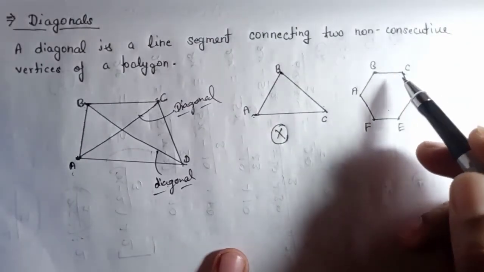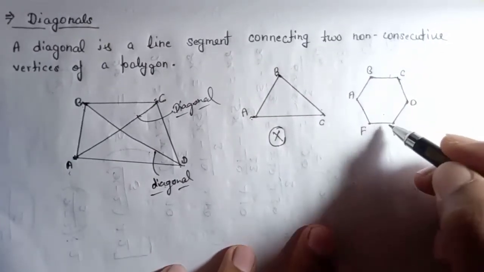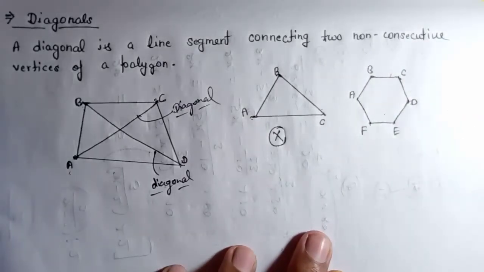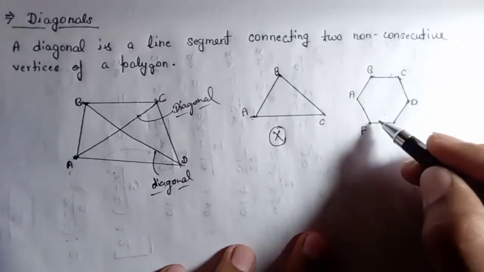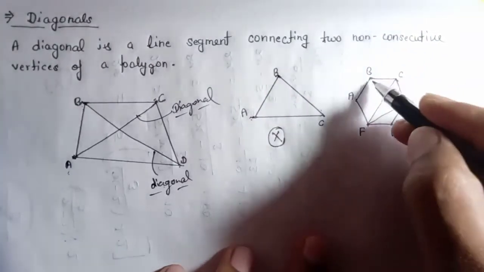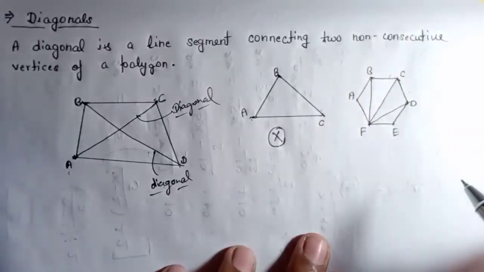In case of this hexagon, 1 2 3 4 5 6, there are 6 sides. So F and D are non-consecutive vertices, so meet them. F and C are non-consecutive vertices, meet them. B and non-consecutive vertices, add them too.